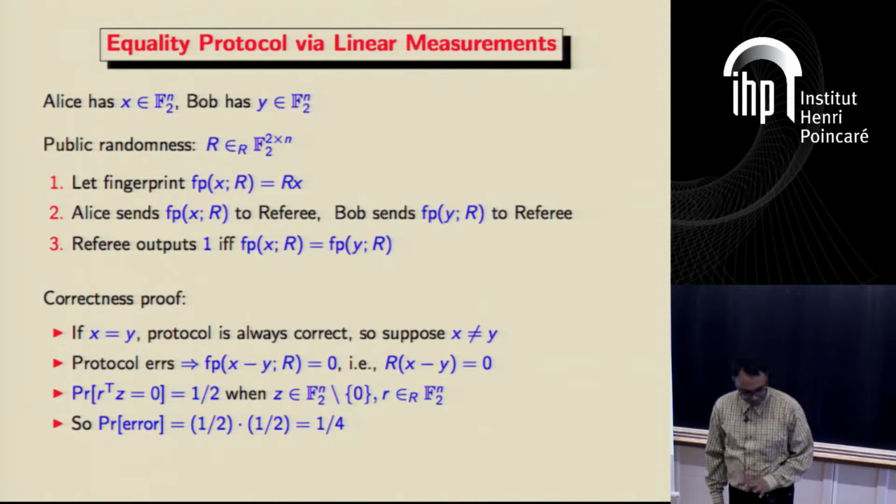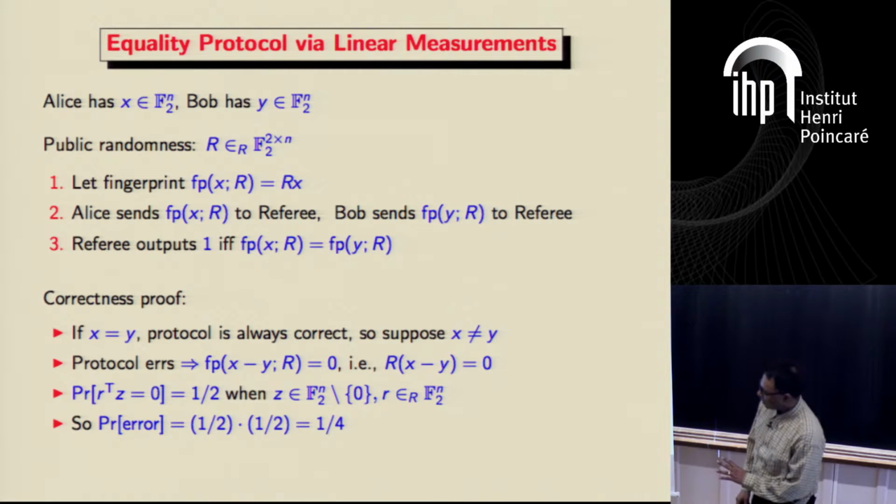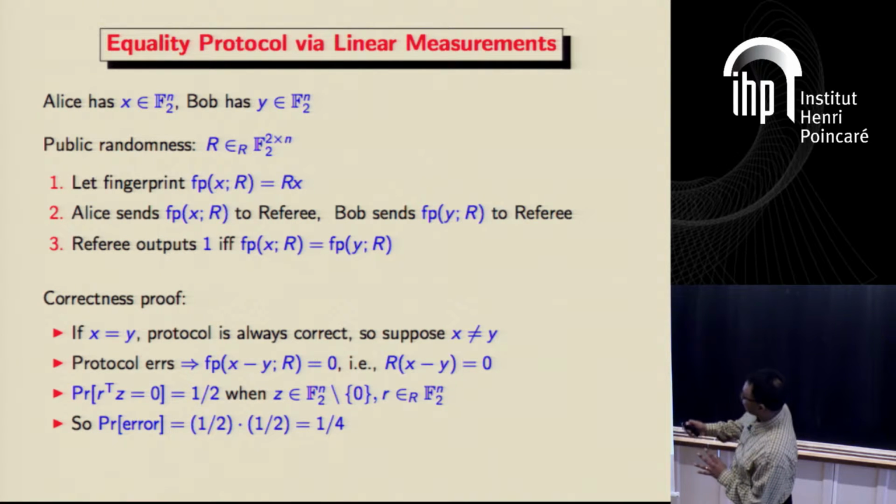Okay, so let me just mention one thing here. What has this shown? So the complexity of this protocol is what exactly? Alice is not sending anything to Bob here according to my description. We could have done that, but we can do something even better: Alice and Bob can both send their fingerprints to the referee, and the referee can do the comparison.